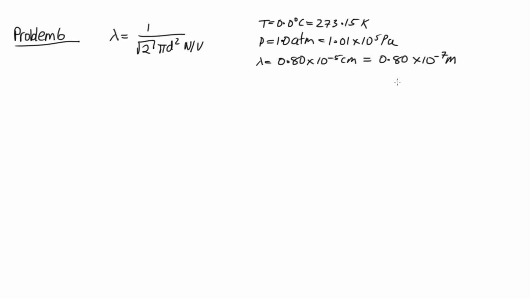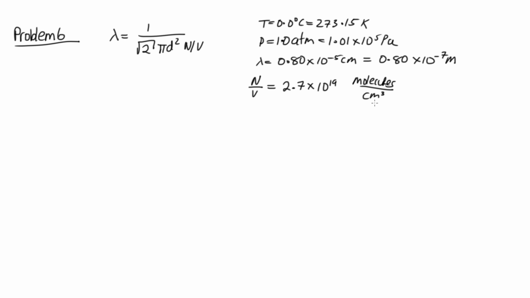And we're then given the number of molecules per centimeter cubed. So we're given N on V is equal to 2.7 times 10 to the 19 molecules over centimeters cubed. Now what we want is per meter cubed. Obviously in a meter cubed there's going to be a lot more molecules than in a centimeter cubed.